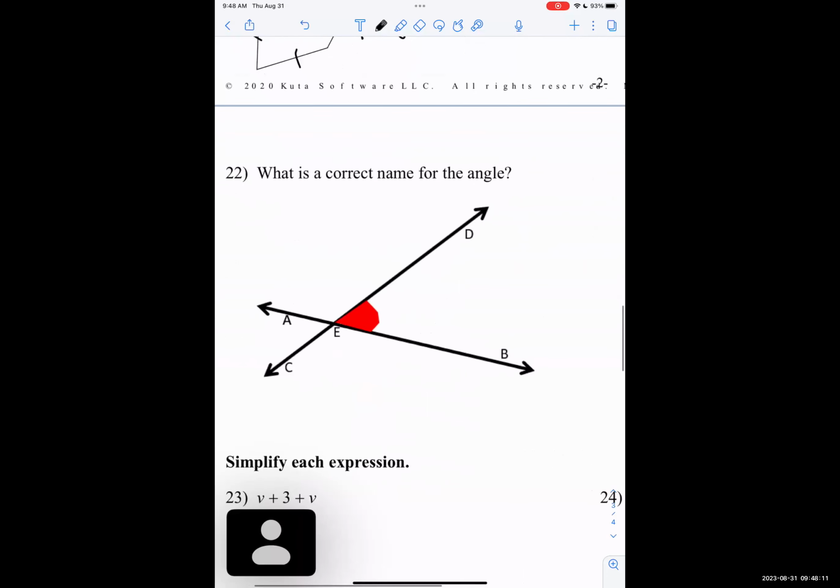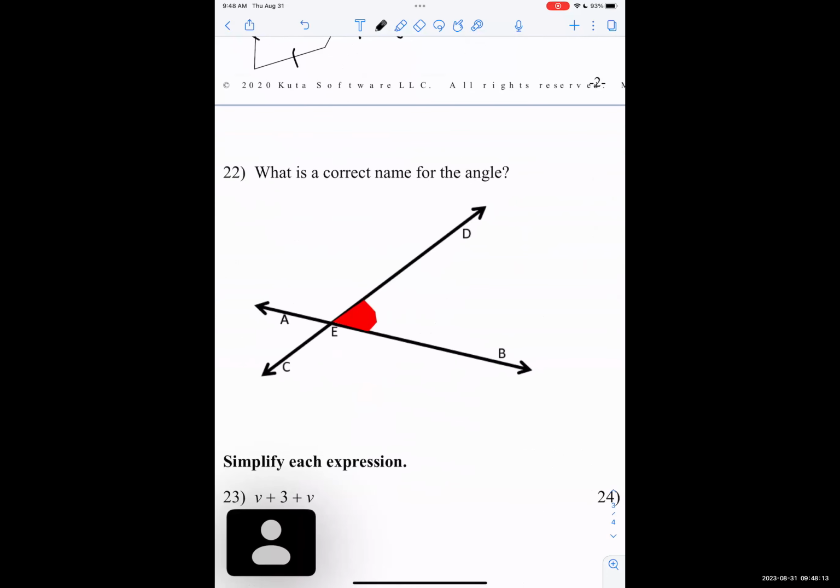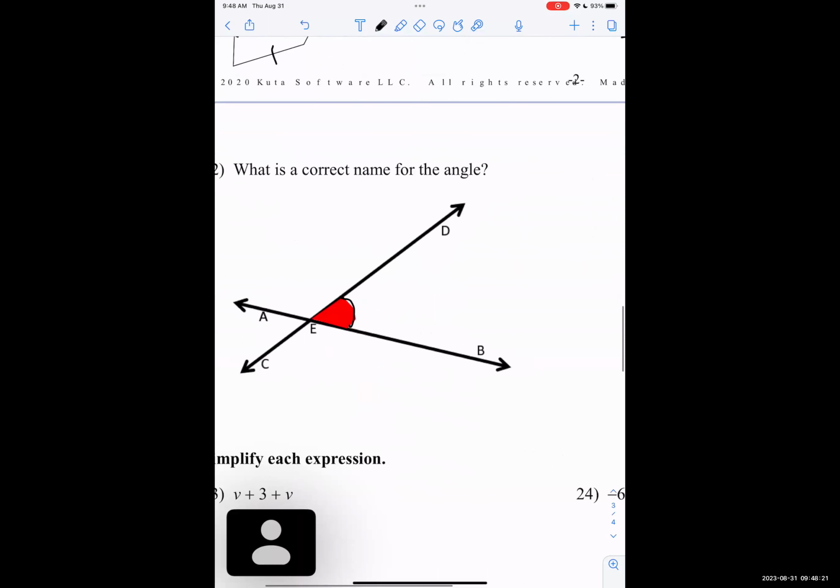Okay. Now we're going to do this one more time. You can tell this came from the School Yourself video. What would be a correct name for this angle? We're going to have three different versions. We could say DEB.